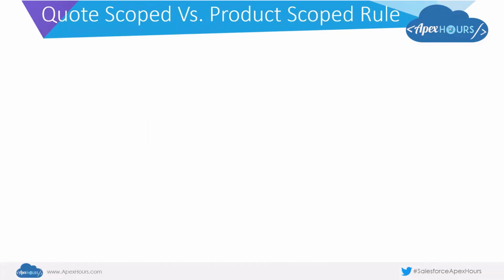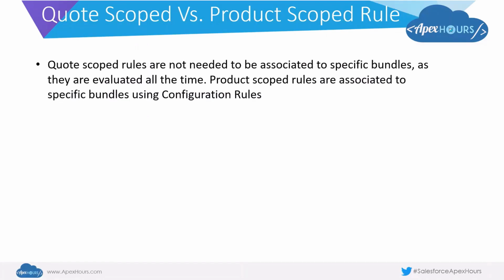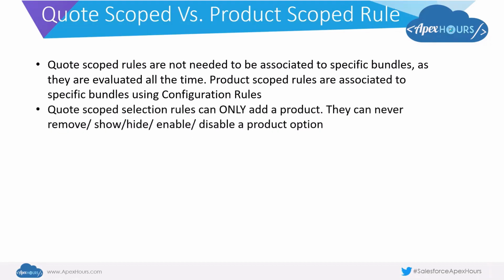Here are a few considerations to keep in mind while we use the scope for the product rule. Quote scoped rules do not need to be associated to specific bundles, as they are evaluated all the time. Product scoped rules are associated to specific bundles using the configuration rules. Quote scoped selection rules can only add a product.